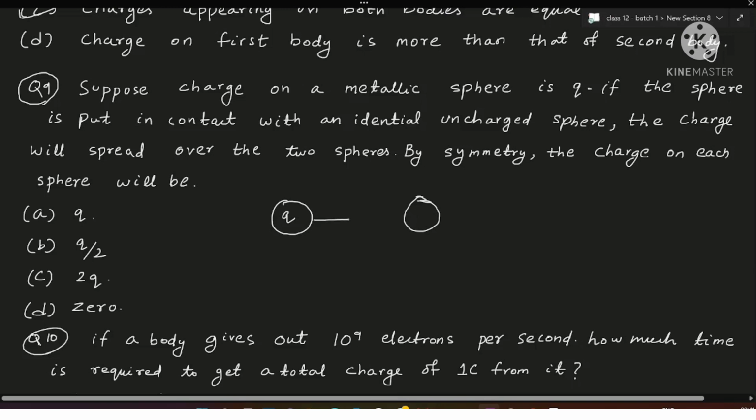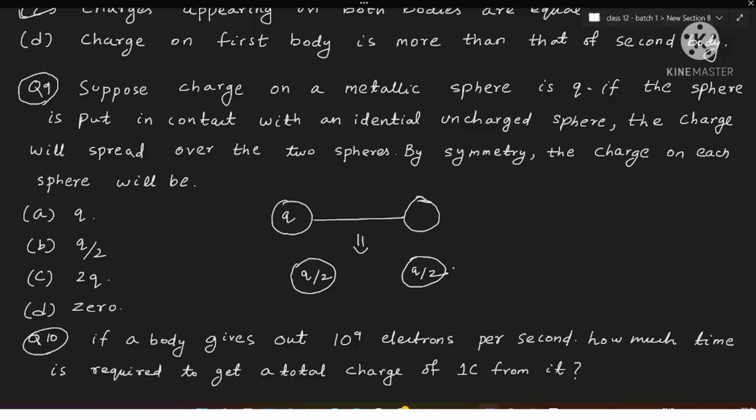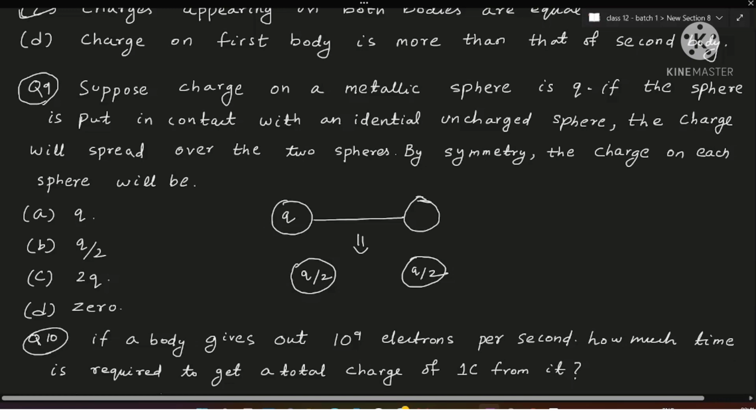When you put the charged sphere in contact with the uncharged sphere, the charge will get equally distributed between them, but they must be identical spheres.